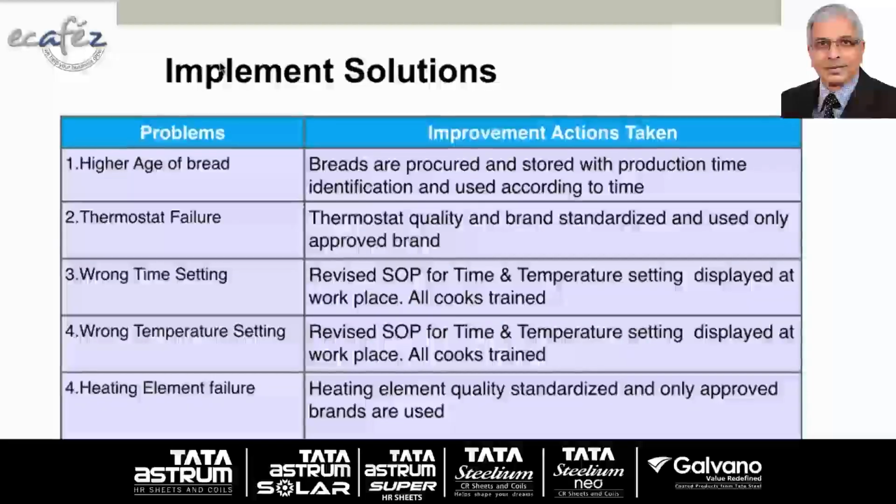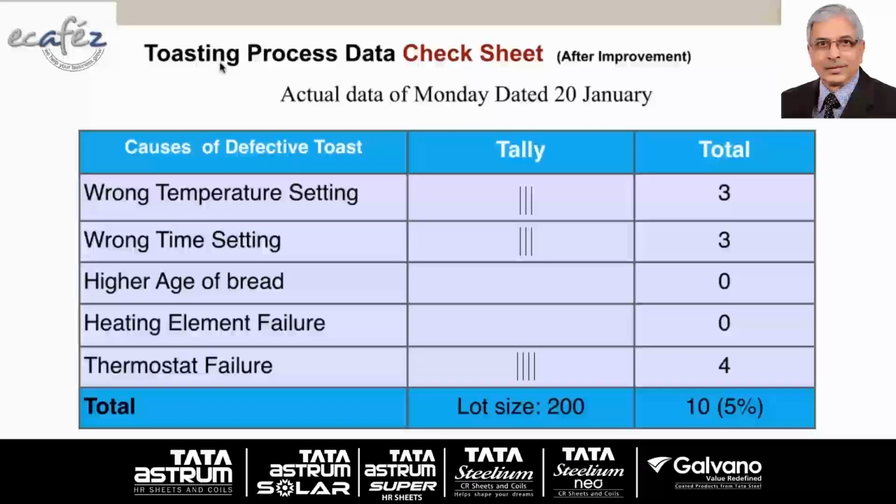Wrong time and temperature setting: an SOP was made, and all the operators or kitchen staff were trained on what the ideal settings should be, and it was displayed on the wall in front of the toaster. Heating element: reliable quality heating element was used, and it was periodically tested to make sure it is not failing so frequently. After making improvements, samples were taken again.